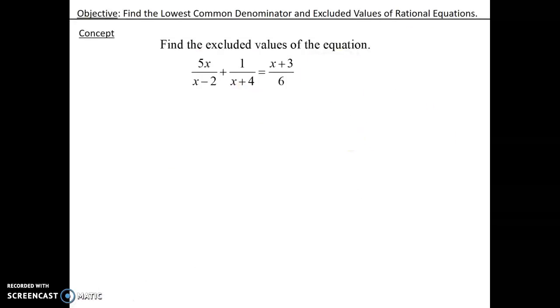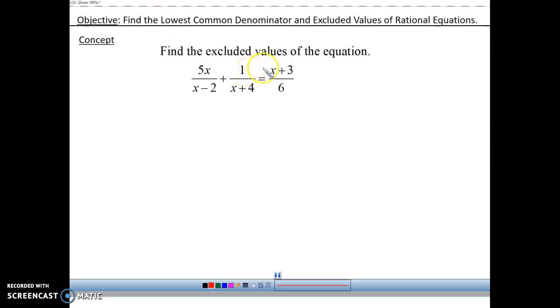So in this example, finding the excluded values of this equation, you're trying to figure out when the denominator will equal 0. That would be your excluded values.